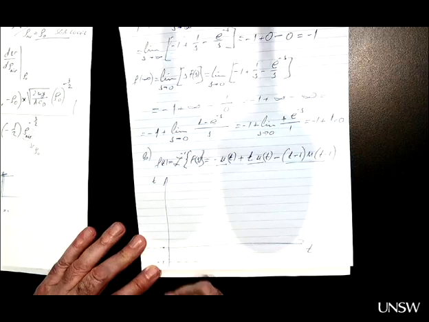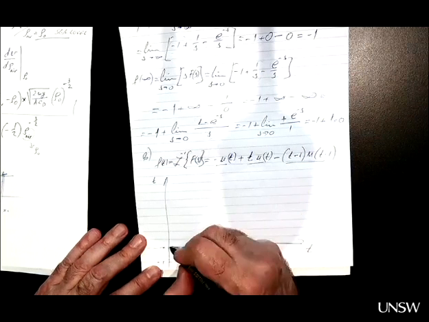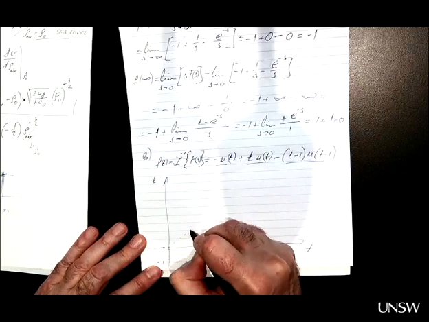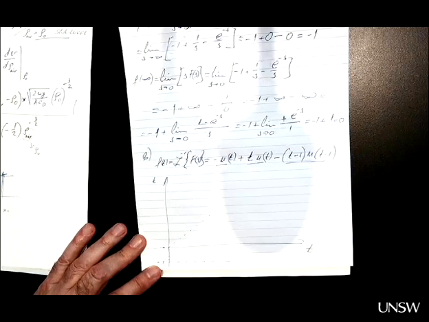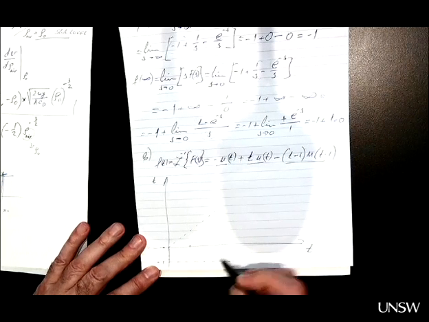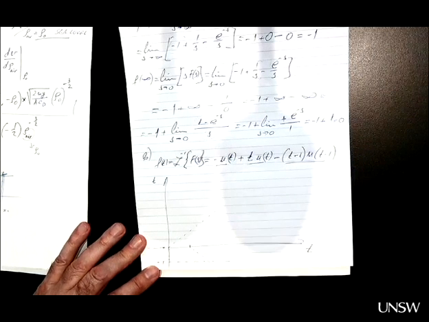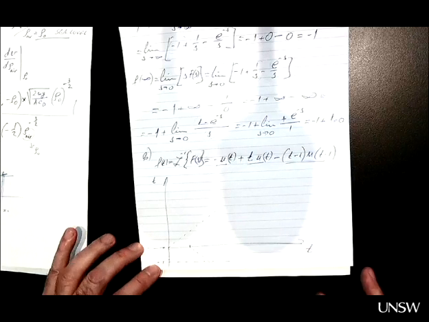So this is minus 1. The second one is a positive ramp, magnitude 1, so it's 45 degrees. And the third one is that after 1 second, we have a negative ramp, gradient minus 1. So minus, can you see this?